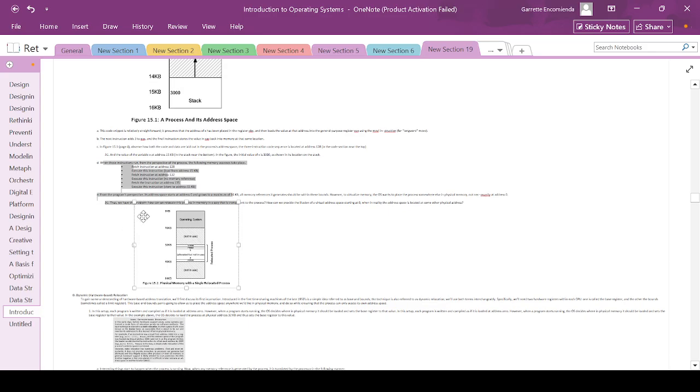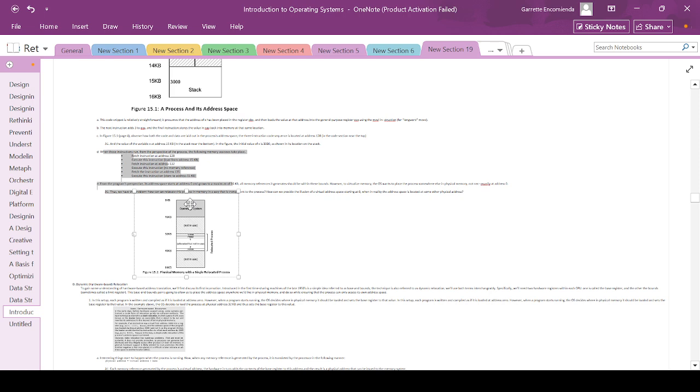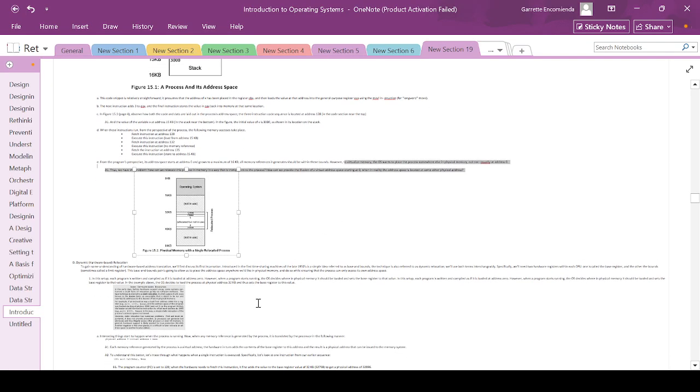From the program's perspective, its address space starts at 0 and grows to a maximum of 16 kilobytes. All memory references it generates should be within these bounds. However, to virtualize memory, the OS wants to place the process somewhere else in physical memory, not necessarily at address 0.